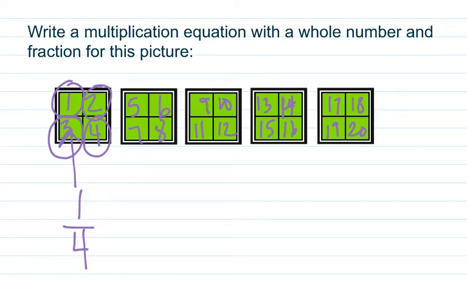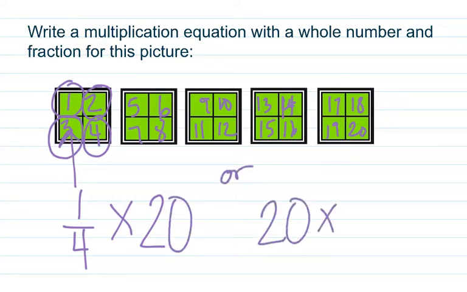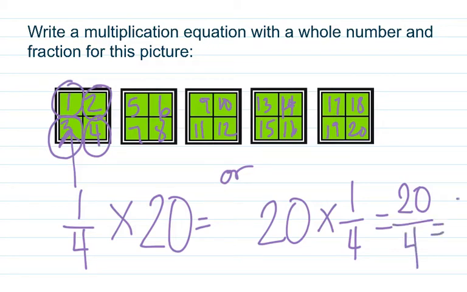So there are 20 of the 1/4 seen in the picture. So 1/4 times 20, or 20 times 1/4. Either way is correct, and the answer would be 20/4, or 5.